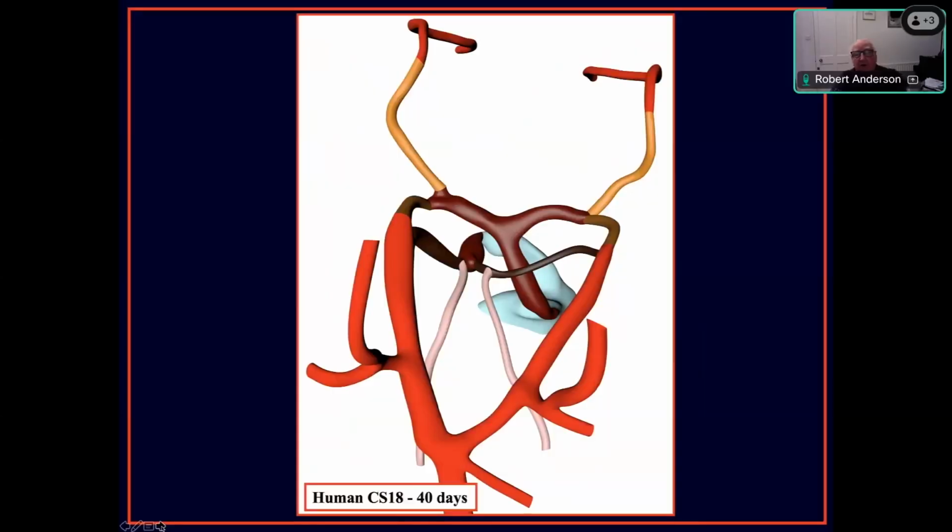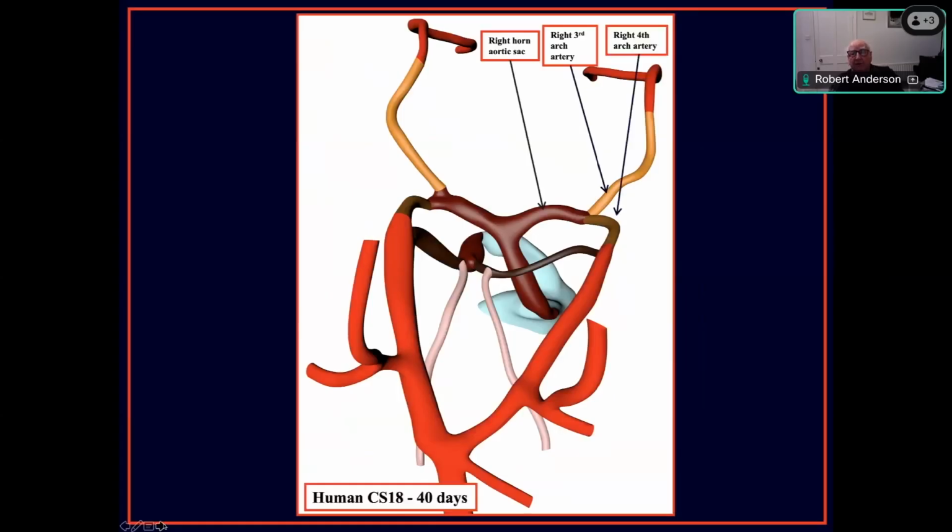So if we move on 2 stages, and here we're at the end of the 6th week of development, we're looking at the reconstruction now from behind. And so there you see the right horn of the aortic sac. And now it's giving rise to the right third arch artery, and that is going to become the right common carotid artery.